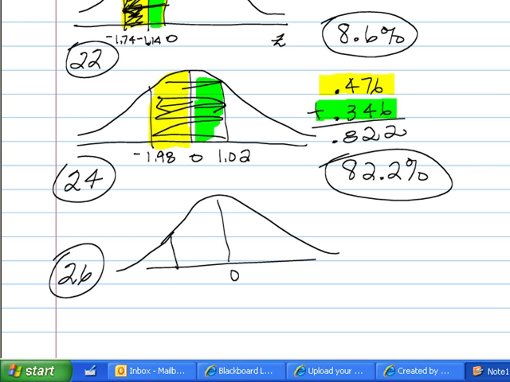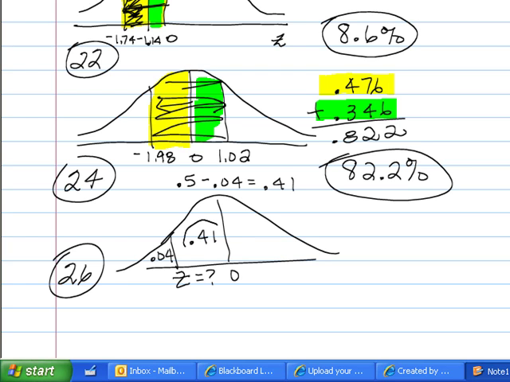We want 4% of the total area, so it's going to be a very small part. So we want to know what z goes with that. Well, if that part is 4%, that means this part, which is what the table gives us, 0.5 minus 0.04 gives us 0.41.